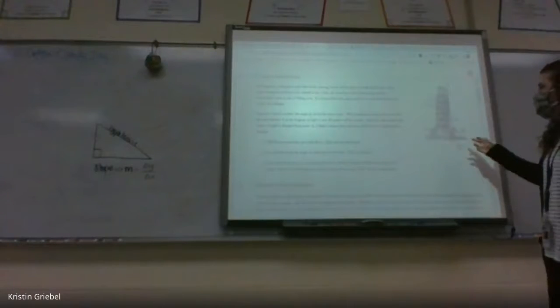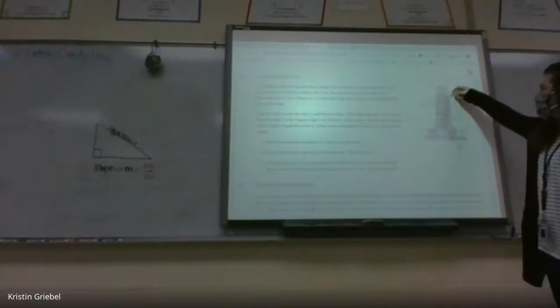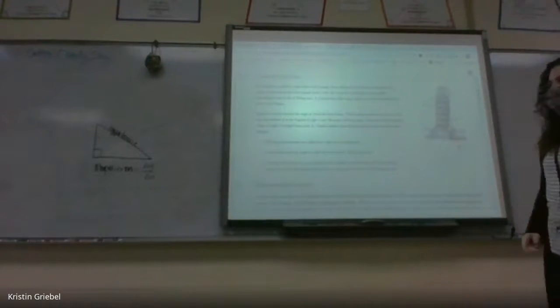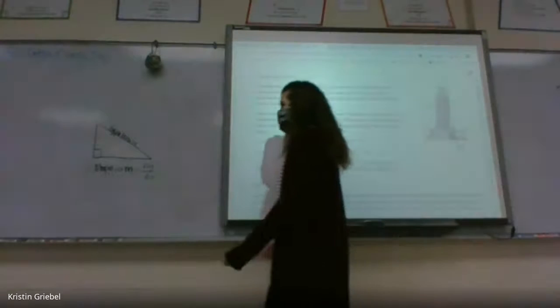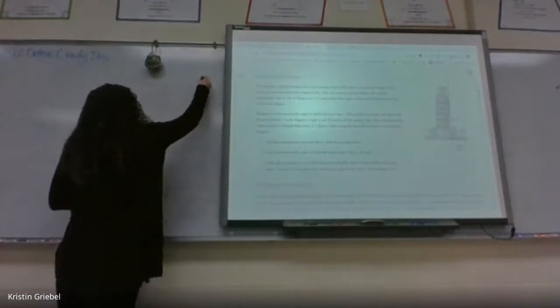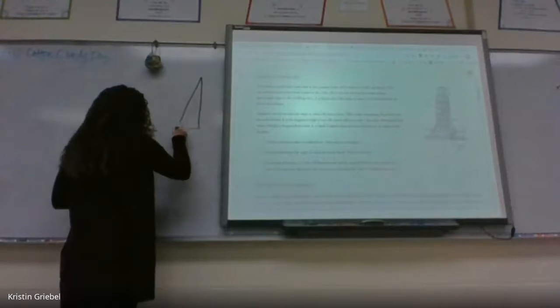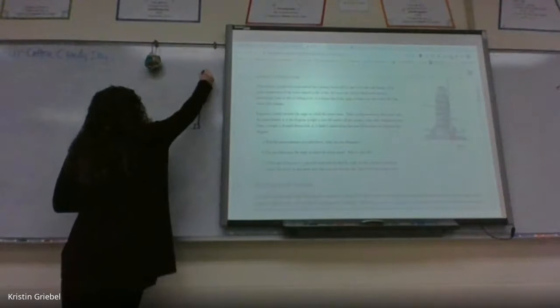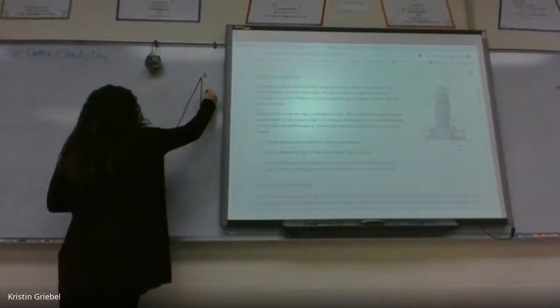They know that at this point A, it is 50 meters off of the ground. And this is the triangle that we're going to deal with. So at this point A, it's 50 meters off the ground.